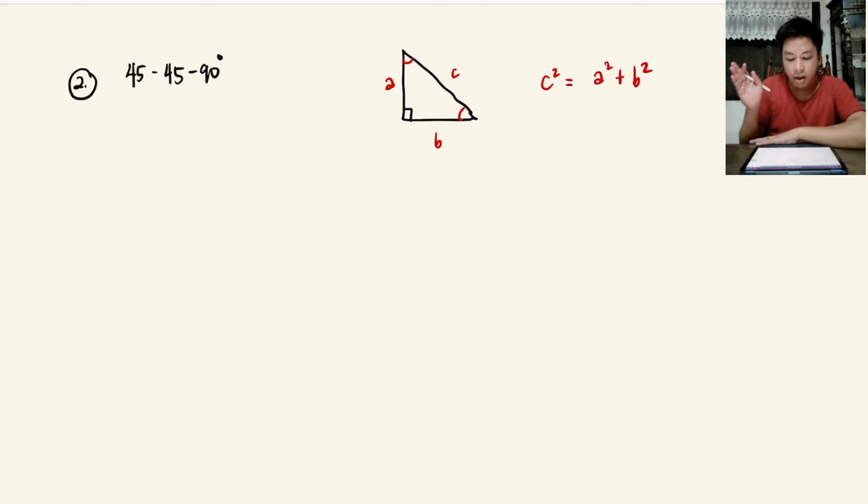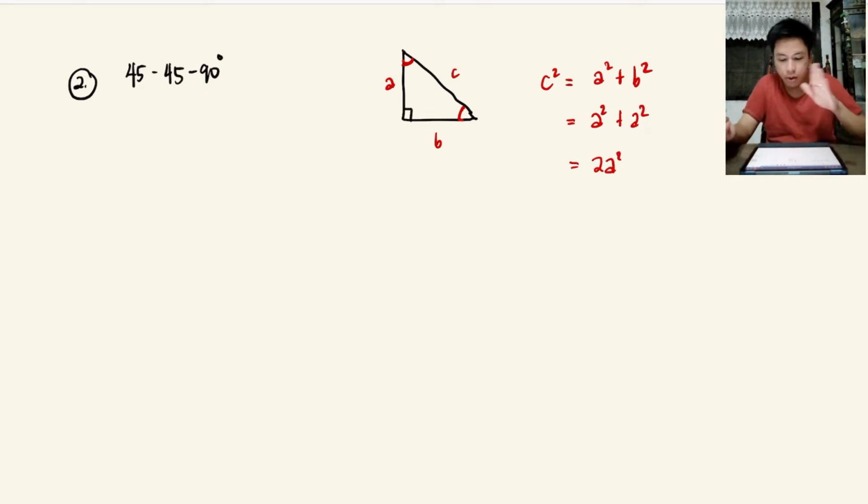In this case, A and B are equal because the angles opposite to them are equal. Without loss of generality, I'm going to use A, so I can replace B with A. So I have 2A squared.